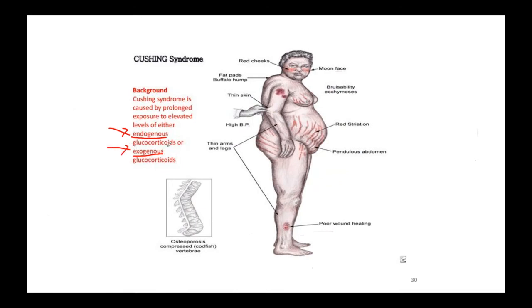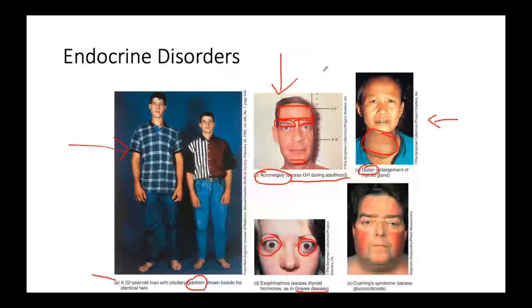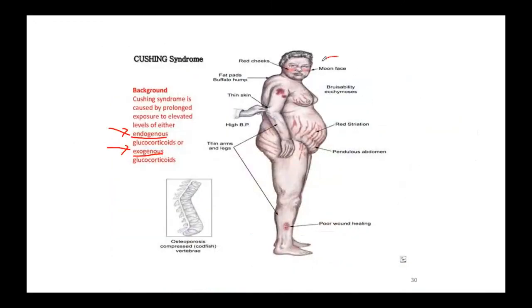So if people are taking cortisone, corticosterone exogenously, or your body is producing an excessive amount endogenously, it creates this condition that we saw here called Cushing's. We have these red cheeks, you have this round face, like you see here. They call it a moon face. You have red cheeks. You get this Dowager's buffalo hump here.